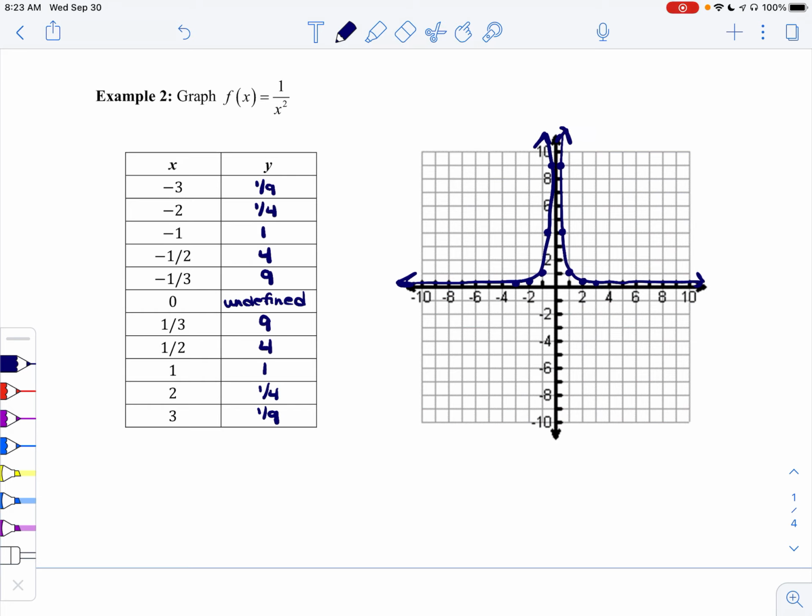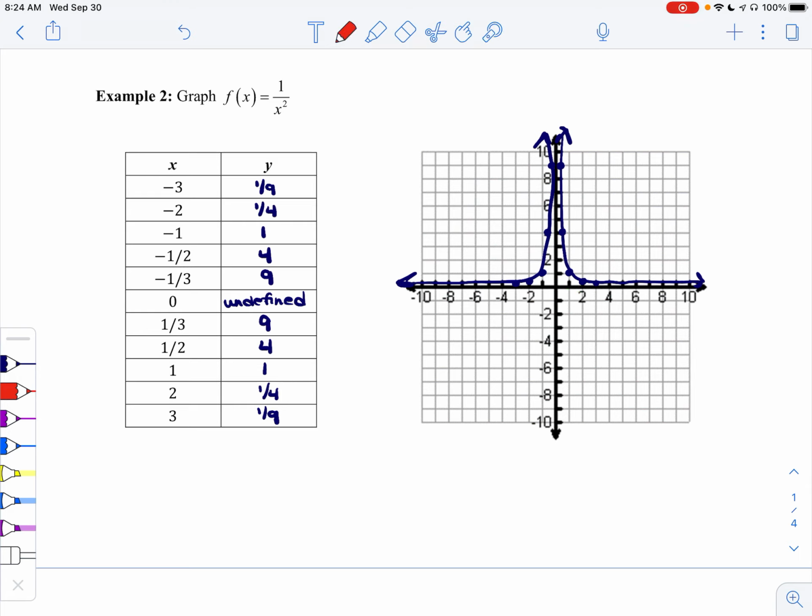Okay. All right, so similar to the previous function, we again have these two different branches of our graph. Over here in quadrant 1, and then over here in quadrant 2. This time both branches are positive because when we square a number, it always comes out positive. But again, we have these invisible lines that are separating our branches that our graph is approaching.